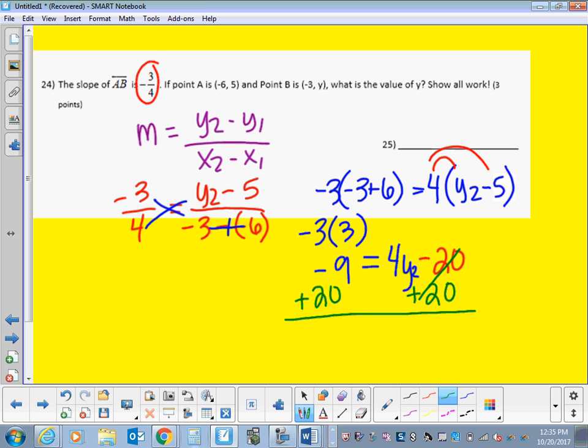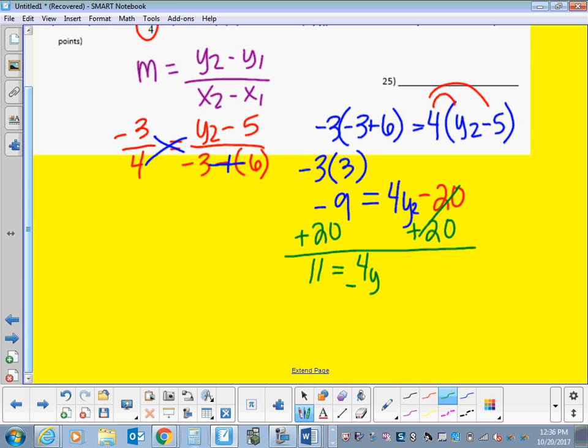That cancels out. What's -9 plus 20? So we have 11 equals 4y, divided by 4, divided by 4. So what does y equal? 11 over 4.